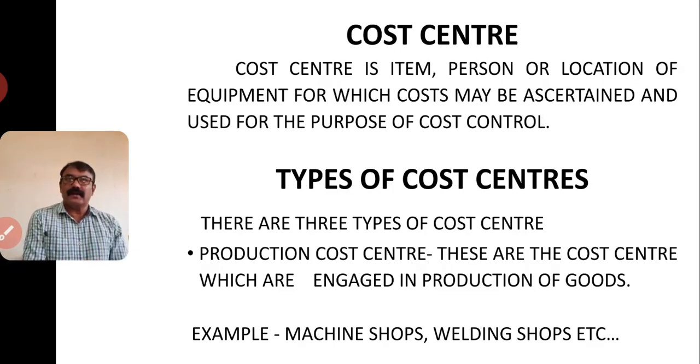In the case of a location or a particular area, we ascertain the cost. For this, the three factors are considered, and it is called a cost center. Cost is also ascertained for the purpose of cost control.